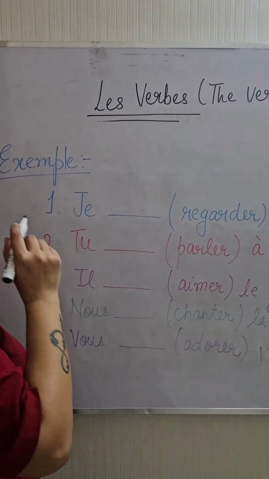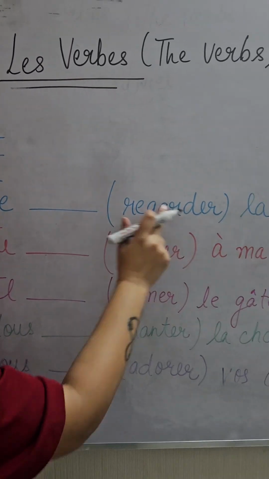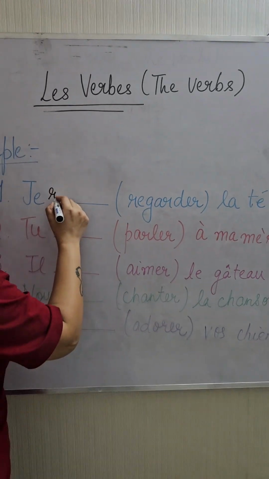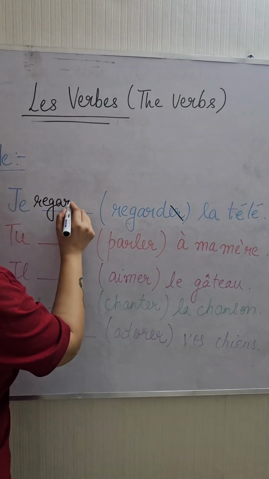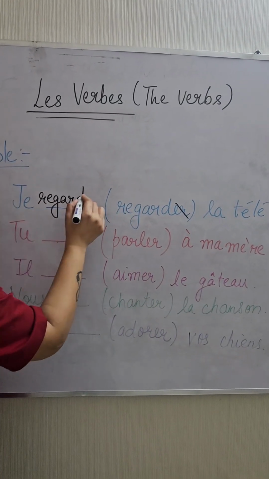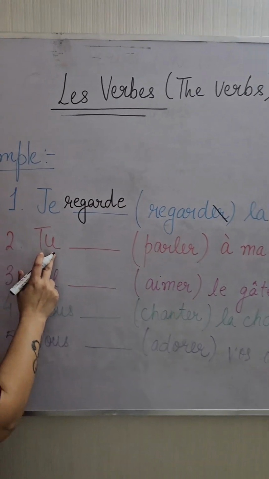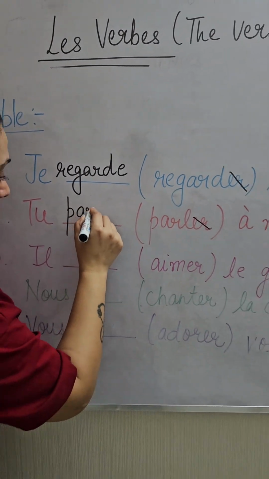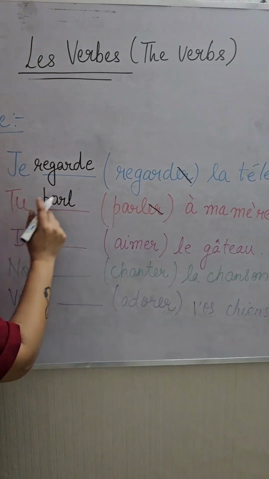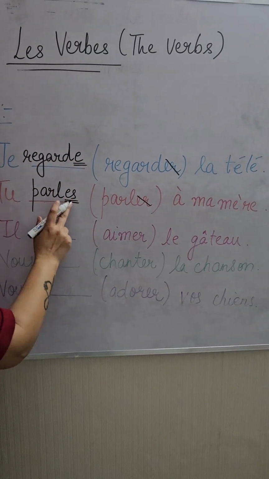Now let's see the first one. Je is written with regarder. What will I do? I'll conjugate. I'll remove this ER. With je we put E. Now for tu, what will I do? I'll remove this ER. I'll write the prefix. With tu, what do we write? We write ES.